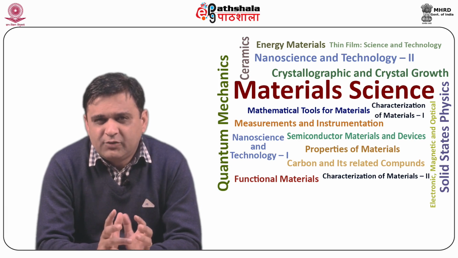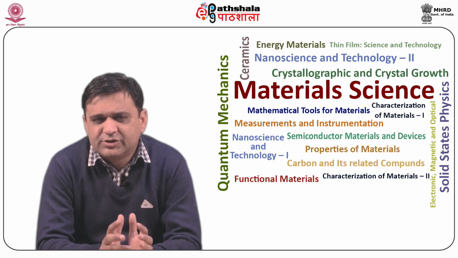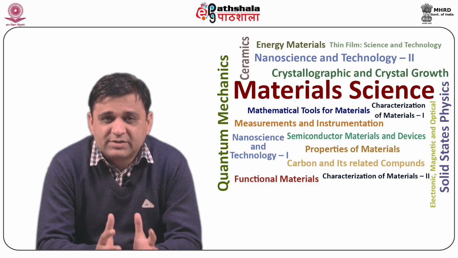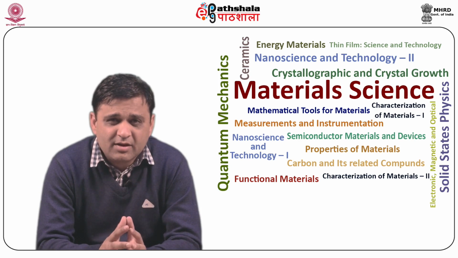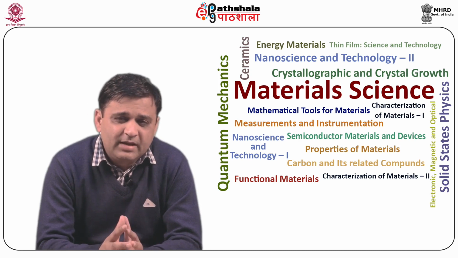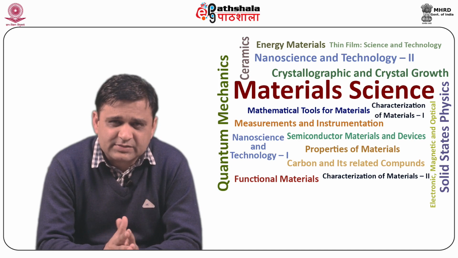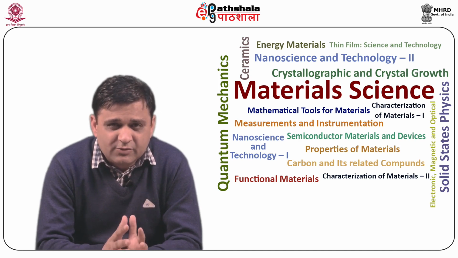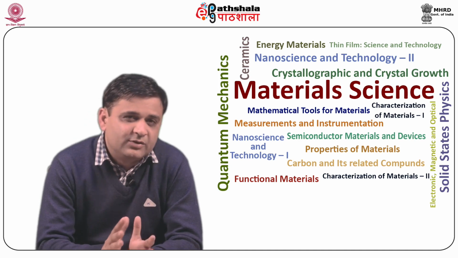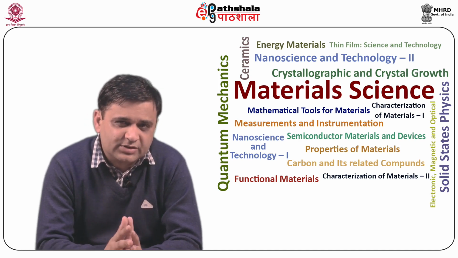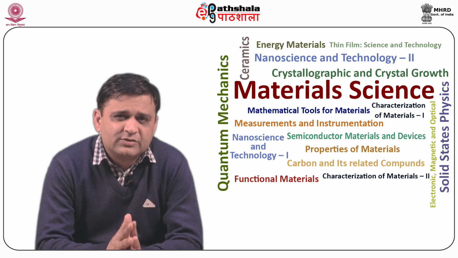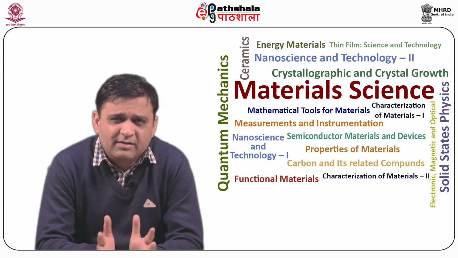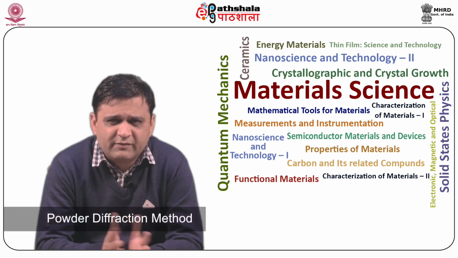To find out the orientation of a crystal, let us say you are handed a piece of crystal in the lab, just by looking at it you cannot know which is the a axis, b axis or c axis, even if it is a single crystal. So you need to mount it on a diffractometer and find the direction or orientation of the axes. That is done by the rotating crystal method. The third type, which is very convenient, is the powder diffraction method.